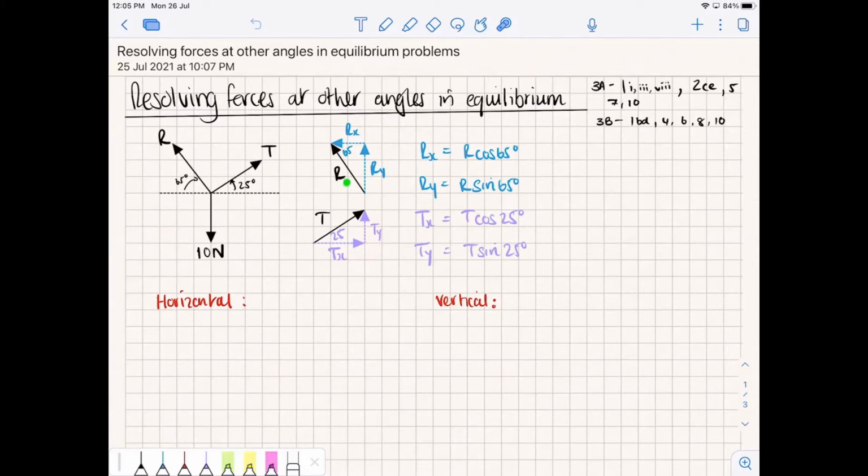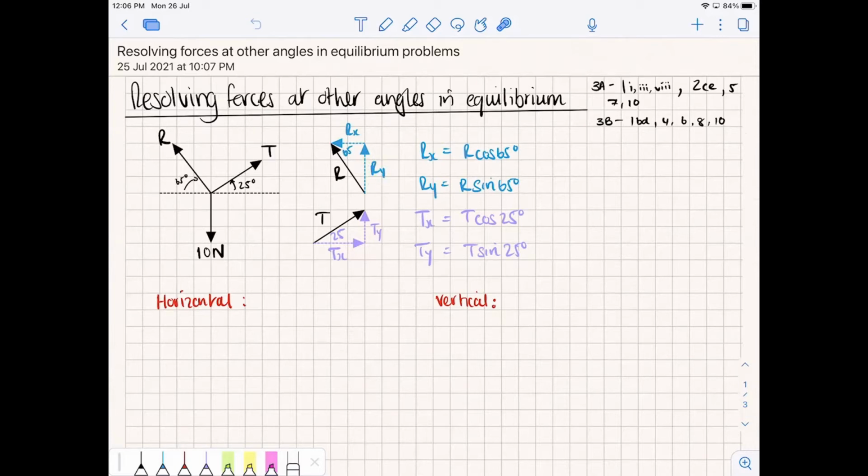So here I have component R, okay? And you can see all I've done is I've just separated it into its horizontal and vertical components, right? Remember, they are always perpendicular to each other. And the unknown component is the hypotenuse. So here's my R horizontal component, and here's my R vertical component.